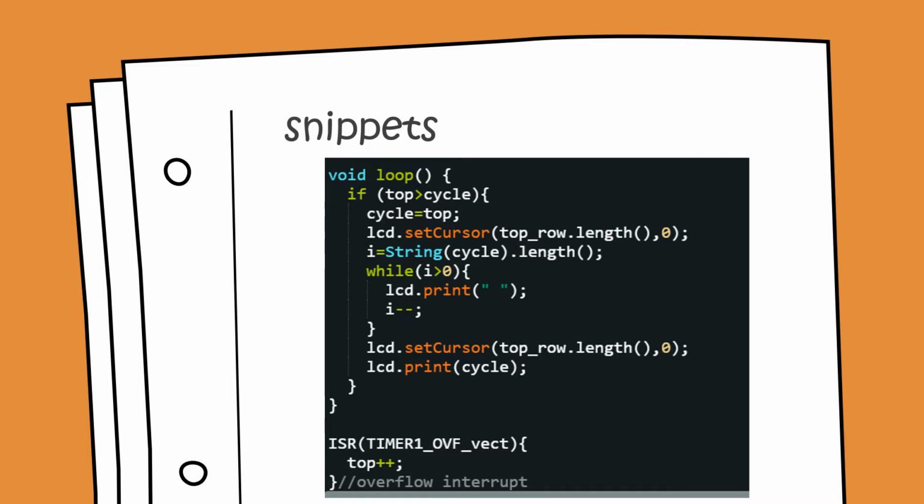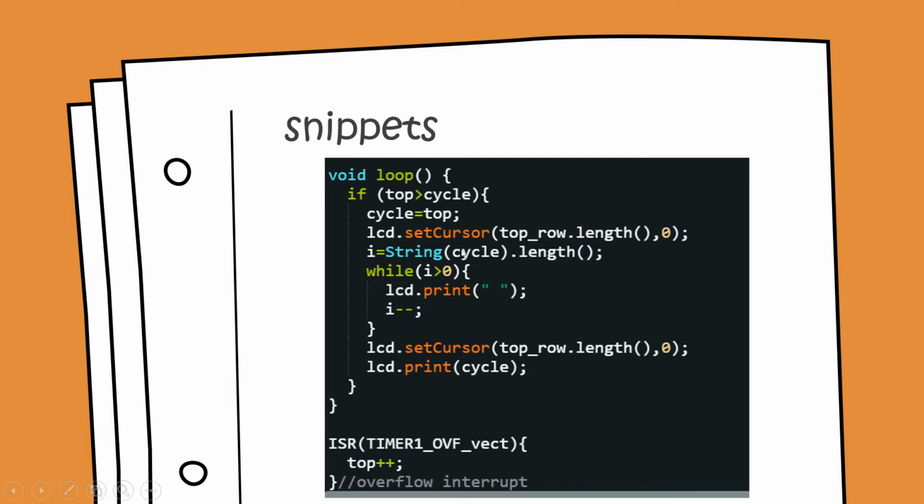Please note that on the LCD screen, we have already printed cycles. So we need to set the cursor to just after the text, and that's where this piece of code helps us. Also remember that it's quite possible that you have already printed a previous value on the screen.